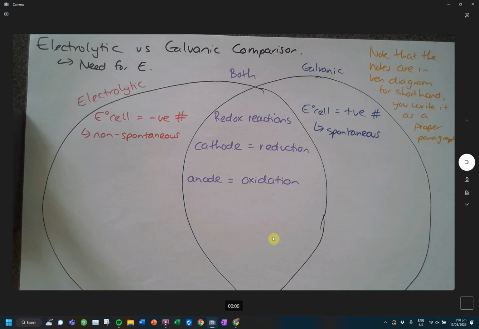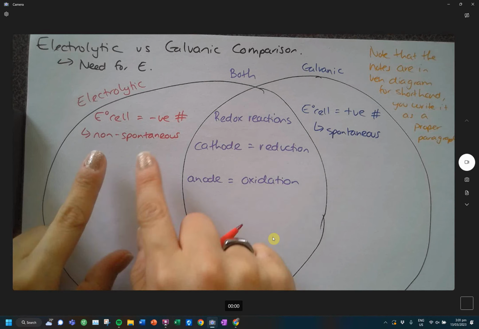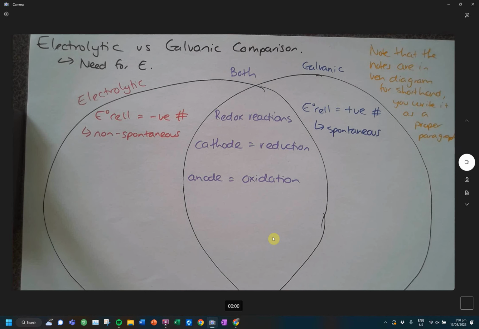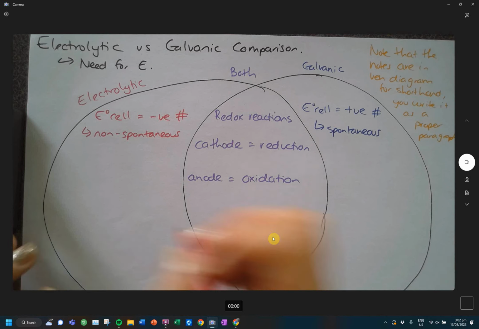So, some things to keep in mind then, since we're talking about E cell being spontaneous and non-spontaneous, with the non-spontaneous, we are starting with electrical energy coming from the plug, and we are converting it into chemical stored potential energy.